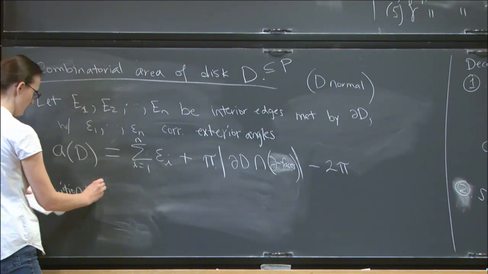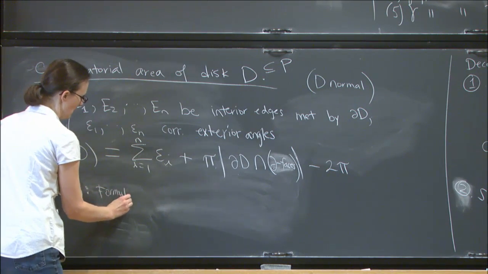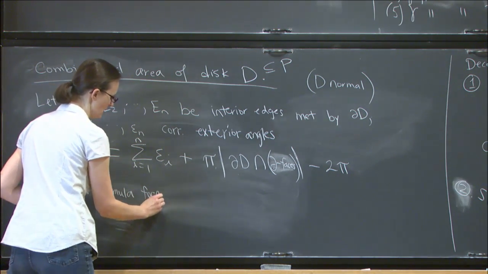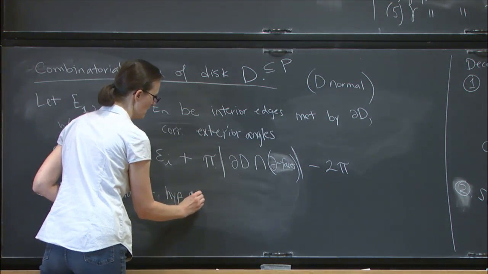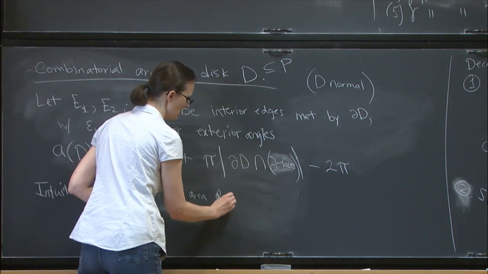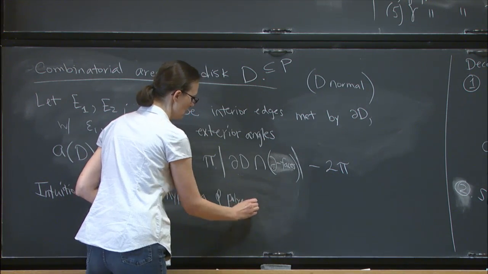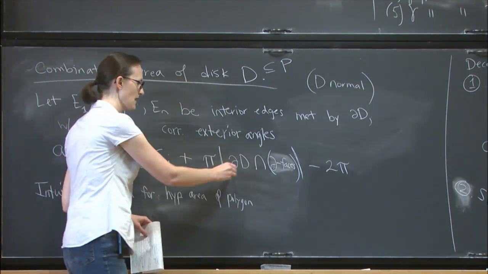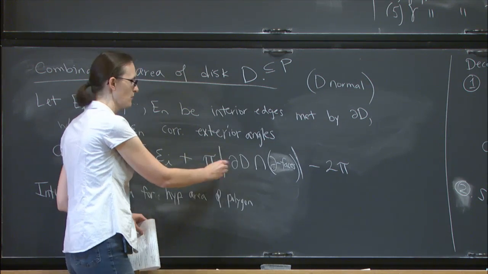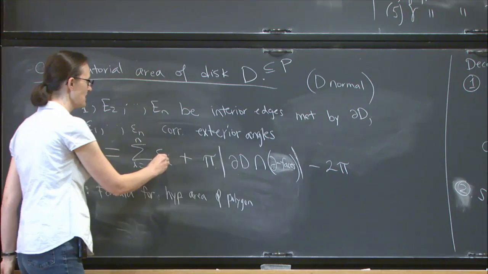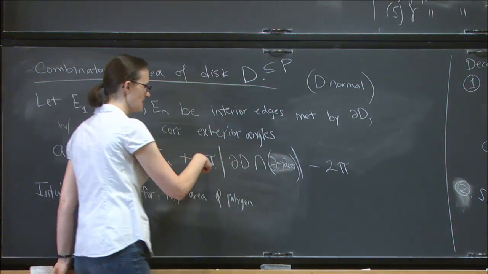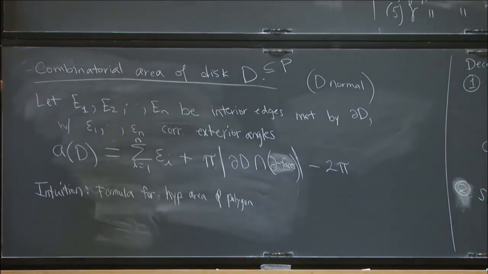This is exactly the formula for hyperbolic area of a polygon. If it's got an ideal vertex, then it picks up pi minus 2 pi, right? And then the sum of the exterior angles plus ideal vertices minus 2 pi is going to give you the total area of a polygon.